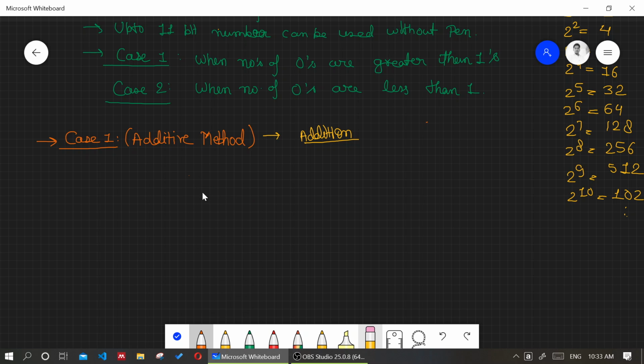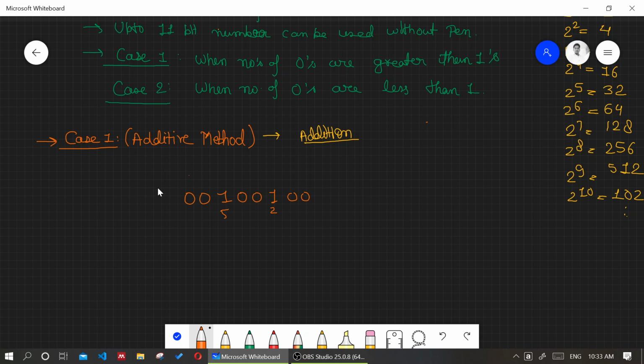Let's take one more example. Suppose your number is 001001000. So this is your number. Now you have to find the two place values. This is 2 to the power 0, 1, 2, 3, 4, 5.